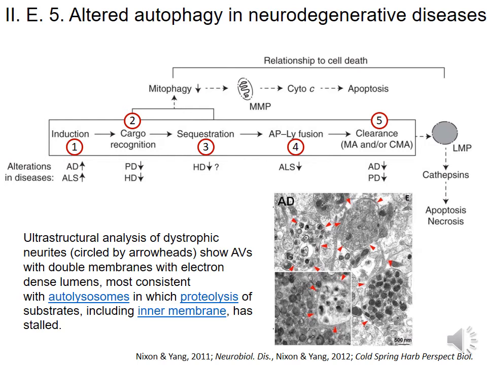These are ultrastructural analyses of dystrophic neurites, and you can see with the red arrows autophagolysosomes with double membranes observed in the electron microscopy, and these are consistent with autolysosomes in which proteolysis of substrates, including the inner membrane, is kind of stalled, and there is an overaccumulation of these autophagic vesicles due to alterations in each of these steps of the process.